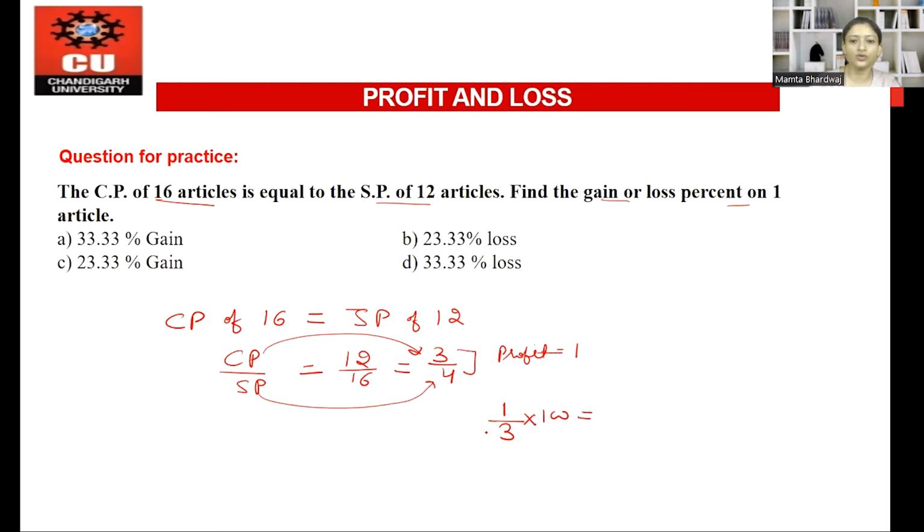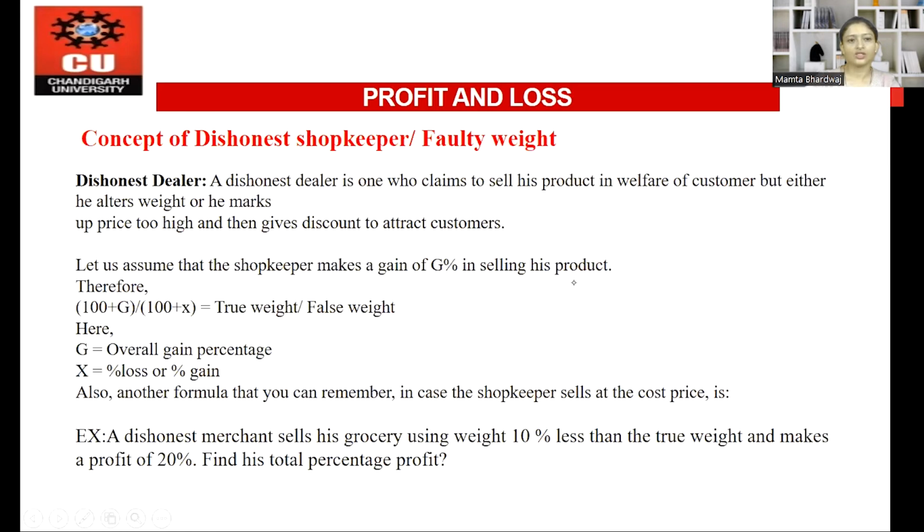If you know how to convert this fraction value into the percentage value, 1 by 3 of 100 is nothing but 33.33%. So there is a gain, not a loss, as there is a profit. So there is a profit, or you can say a gain, of 33.33%. We can do this kind of question by using the ratio approach. So now let's move ahead.